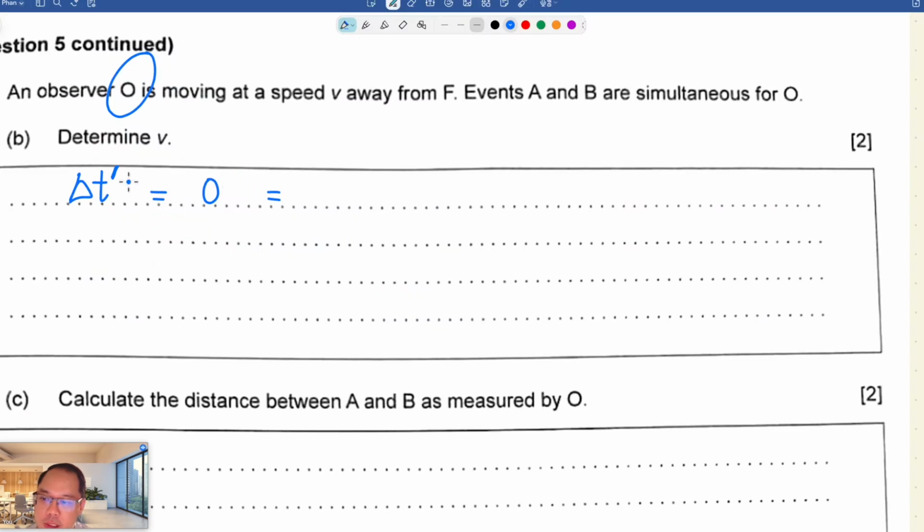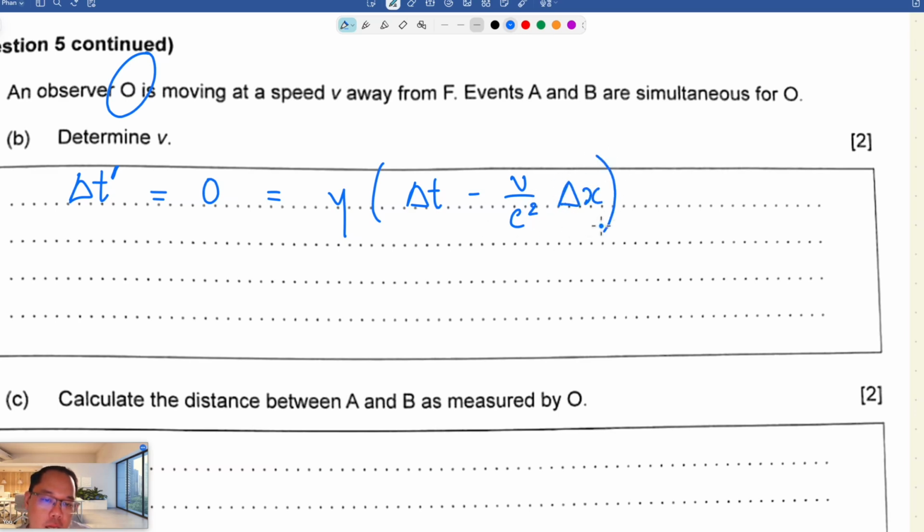Okay, but for the difference in time, I will write gamma here, and instead of only time, I need to use the difference in time, delta t, the difference in time in the reference frame F. And then subtract v over c squared times delta x, the difference in position, instead of x.